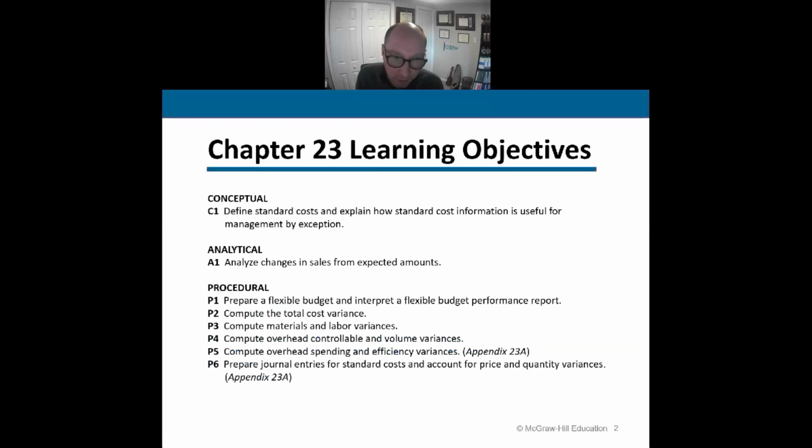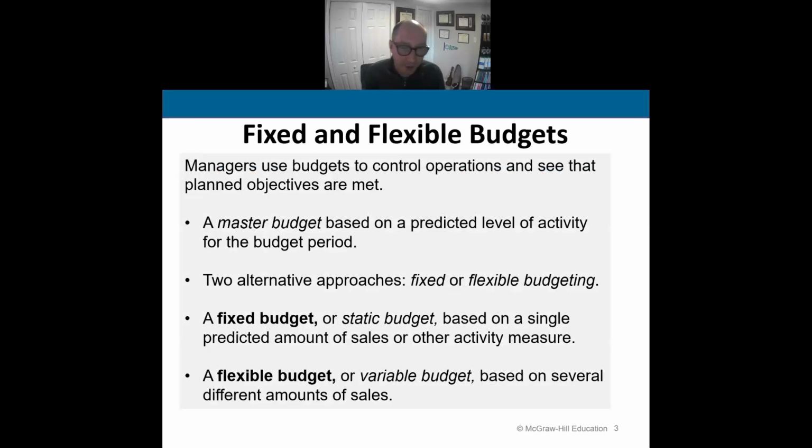So like I said, we'll be spending quite a bit of time in the procedural part. We'll talk about things like total cost variance, materials and labor variances, overhead variances, and what they all mean. That's because I really feel that's probably the most important part about this whole chapter. So we talked about the master budget and what it means.